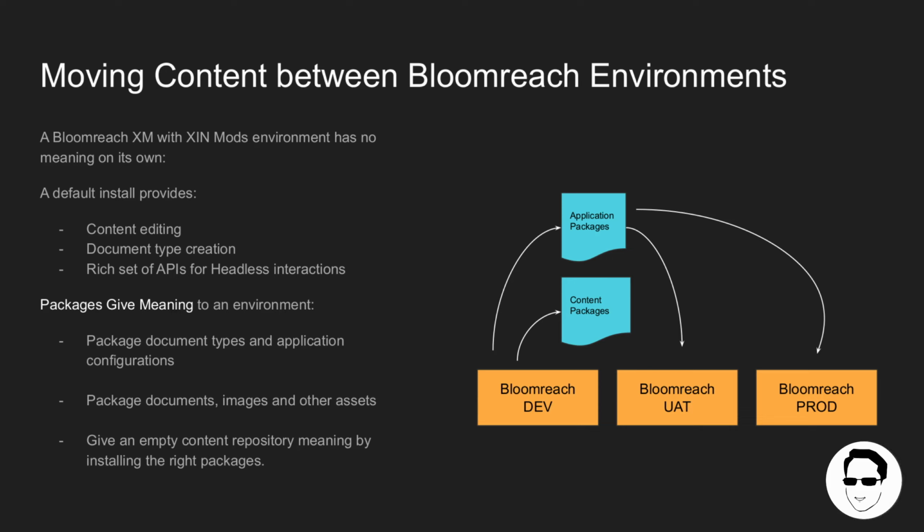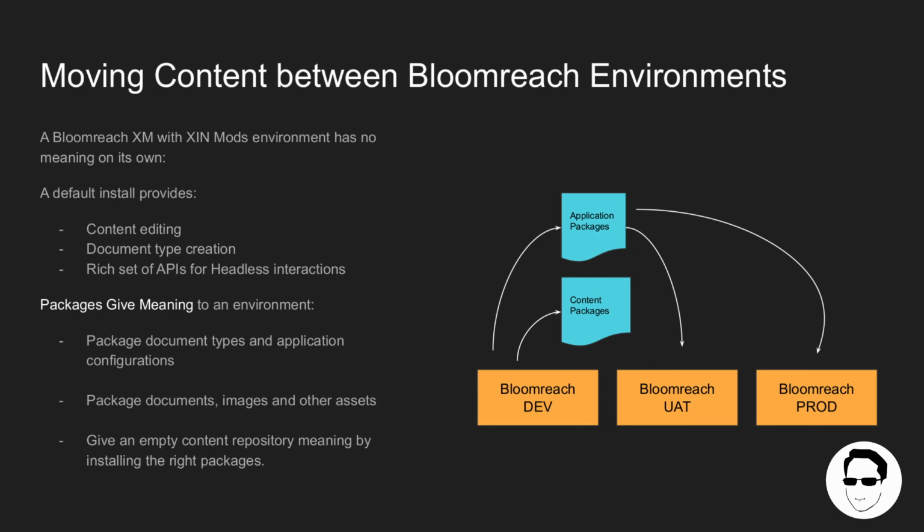In the graph here, you can see, for example, you might have a number of environments, the Bloomreach development, UAT, and prod environments. In the development environment, you might configure a number of document types, a number of translation nodes, for example, that will give your document types nice readable names.